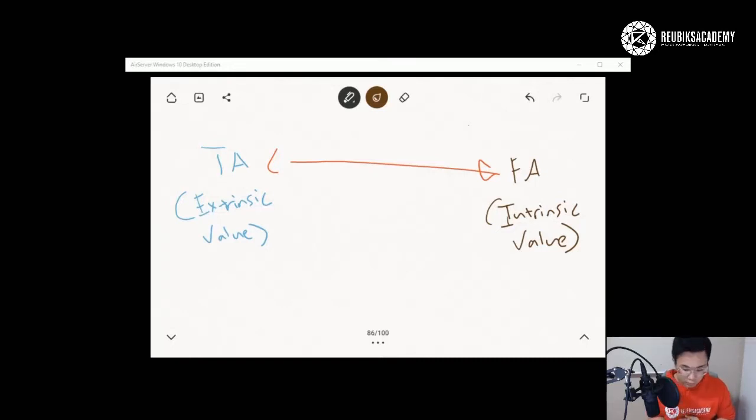FA is made out of things like your profitability ratios, which basically measure how profitable the company is. Your debt ratios or leverage ratios, your operational efficiency ratios, your market share ratios. These are the different ratios that will be reflected on a company's books as they progress.